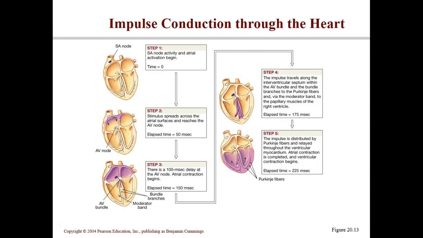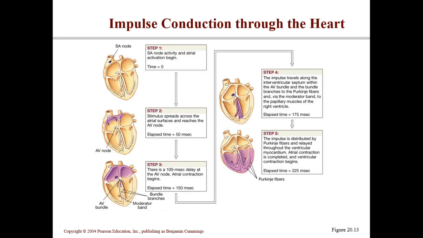This image is basically saying the same thing three times over, but that's fine. It's good to hear it again. You see at the top left, step 1, the SA node and the time, and then it's distributing it to both atria in step 2, and just a fraction of a second has taken place.